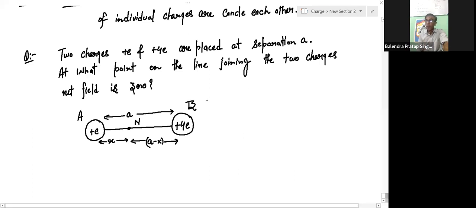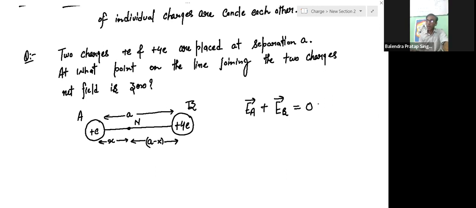So the electric field due to charge A, which is E, written EA, plus the electric field due to charge B, which is plus 4E, must be 0, because the net electric field must vanish. If I talk about magnitudes, EA minus EB equals 0. This condition must be followed.